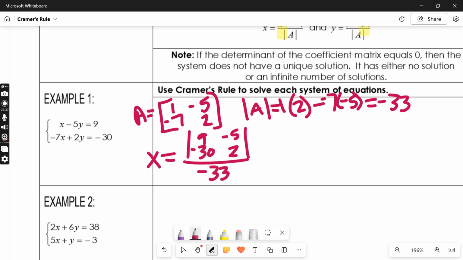You can use your calculator or you can just do it by hand. 9 times 2 minus negative 30 times negative 5. When I do that, I get negative 132 divided by negative 33, which is 4.